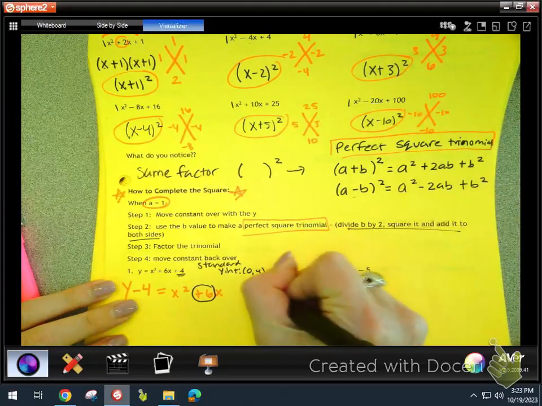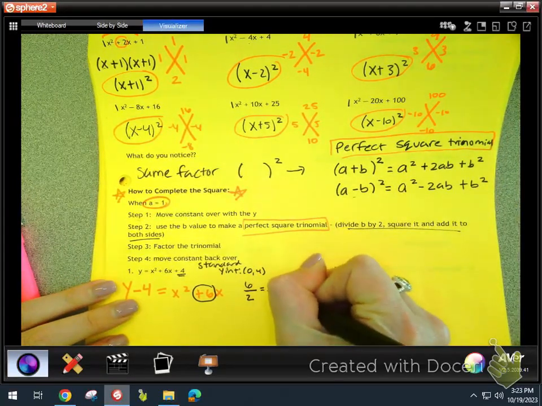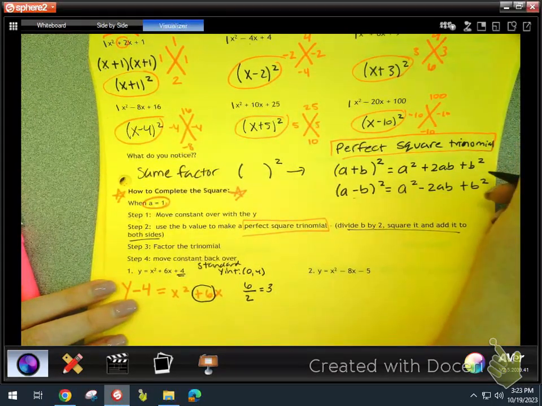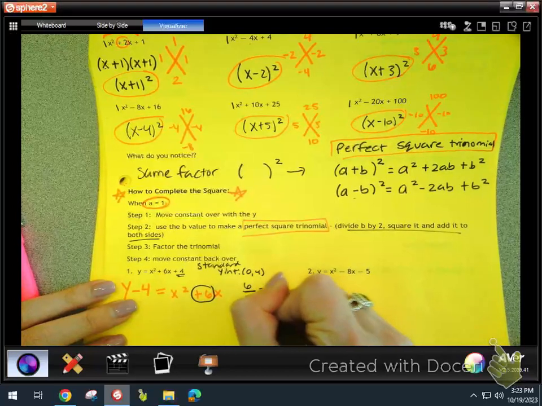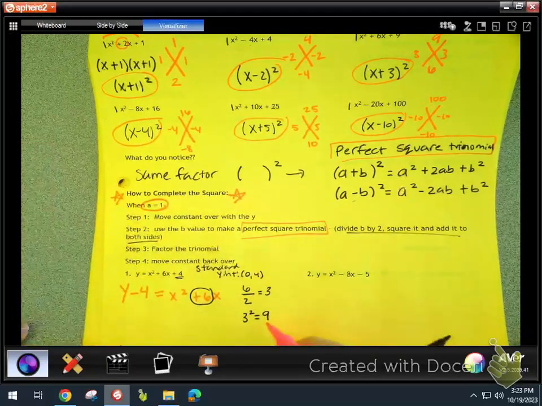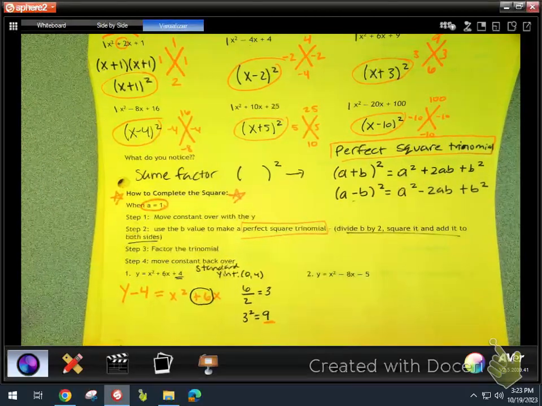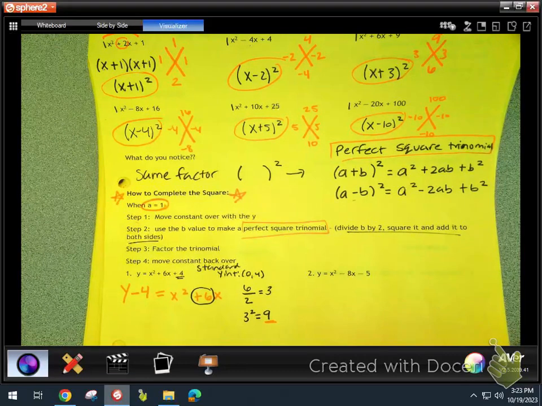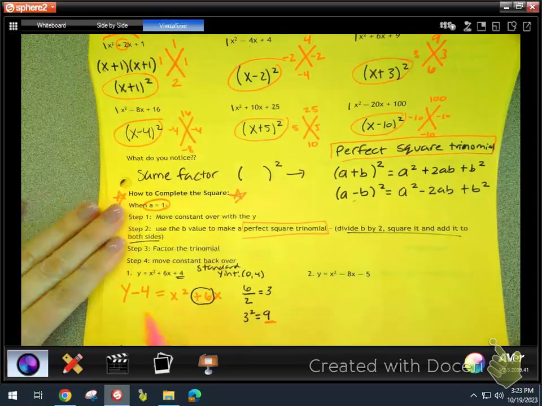What is 6 divided by 2? 3. Then we're going to square that because b squared. So what is 3 to the second power? 9. This is the number that I'm going to add in on both sides of my equation to keep it balanced, okay? So I'm going to rewrite my equation.